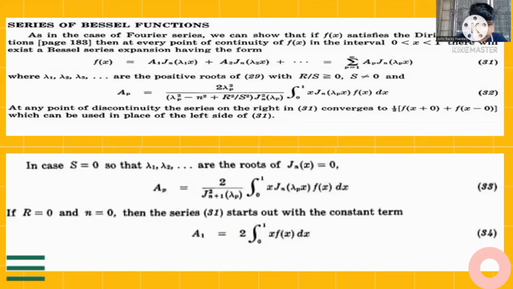If r is equal to 0 and n is equal to 0, then the series 31, which is ito nga yung kanina, yung f of x, a sub 1 j sub n lambda sub 1 x, tsaka yung kasunod niya is yung mahaba pa, parang tuloy-tuloy pa. Start out with the constant term, a sub 1 is equals to 2 times the integral from 0 to 1 of x f of x dx.